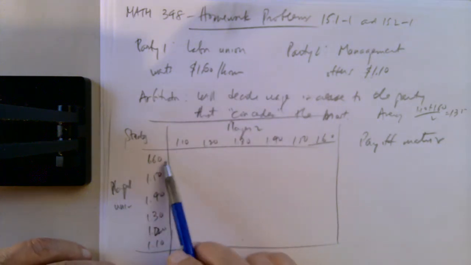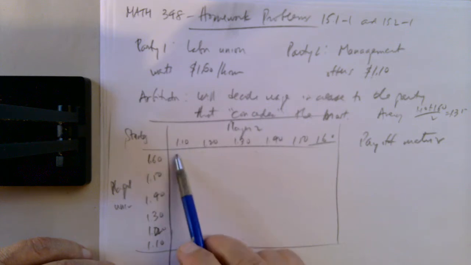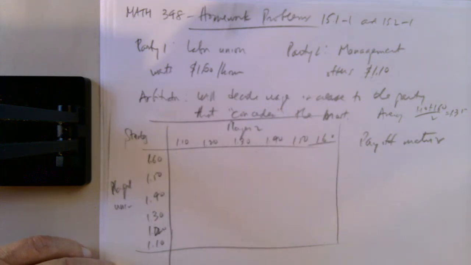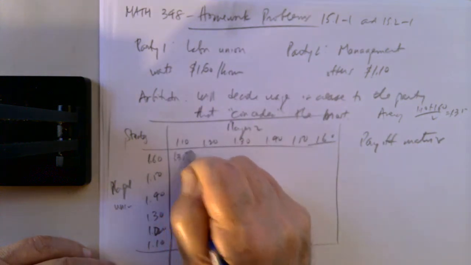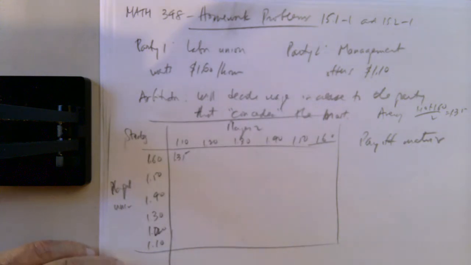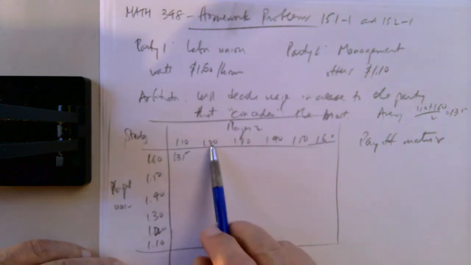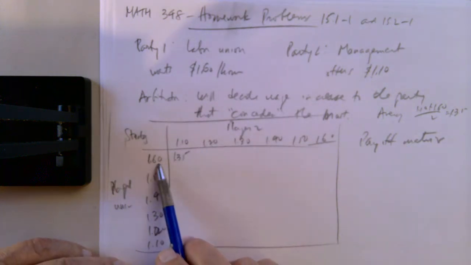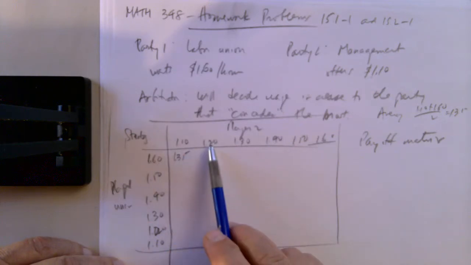So in this case, neither party has conceded anything. They're equal. So the arbitrator says $1.35. In this case, where the union has conceded nothing, but management is willing to give up an extra 10 cents, it's conceded more.